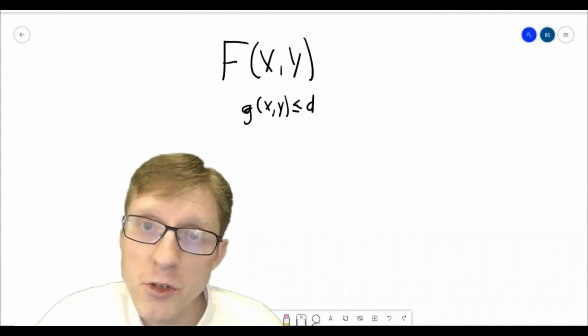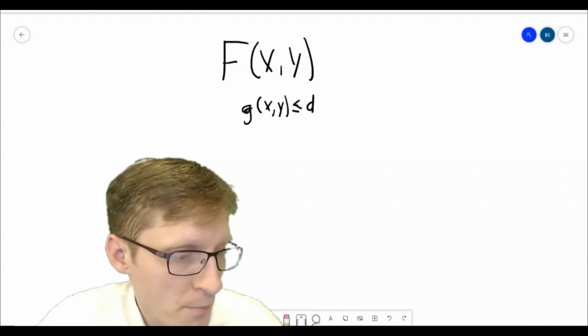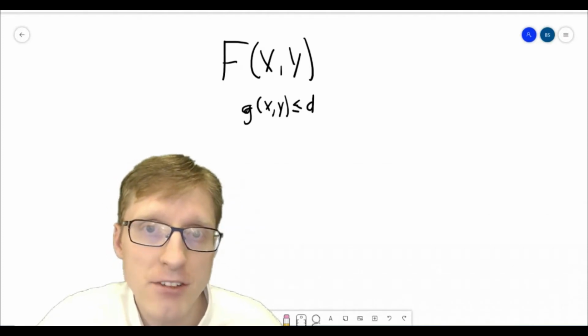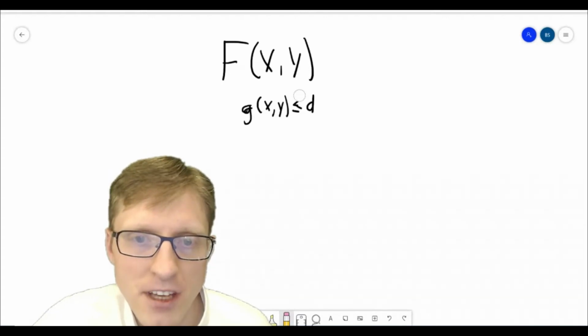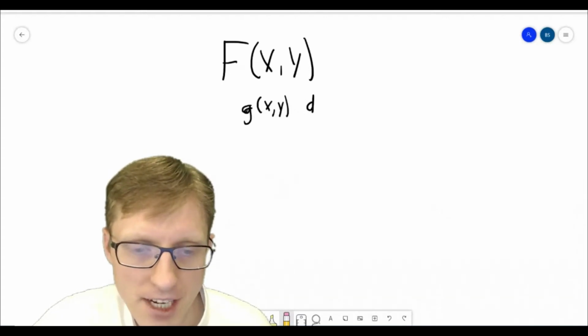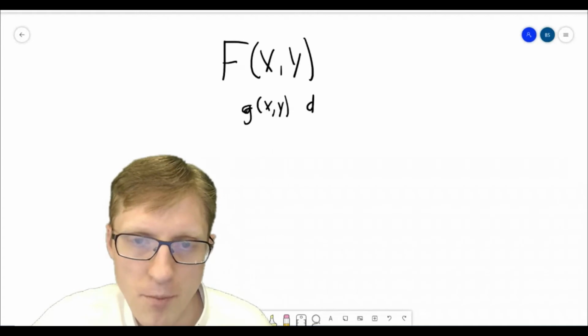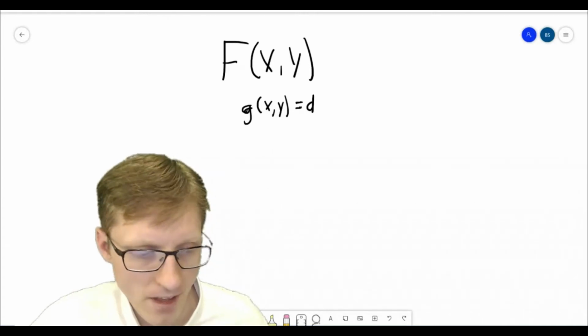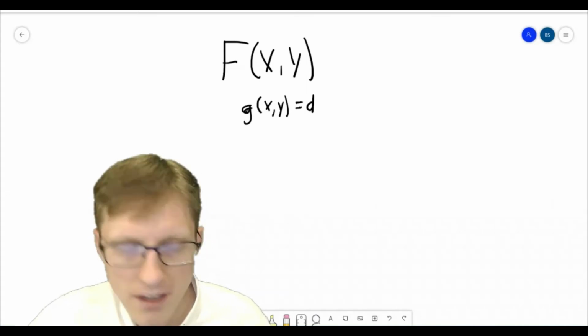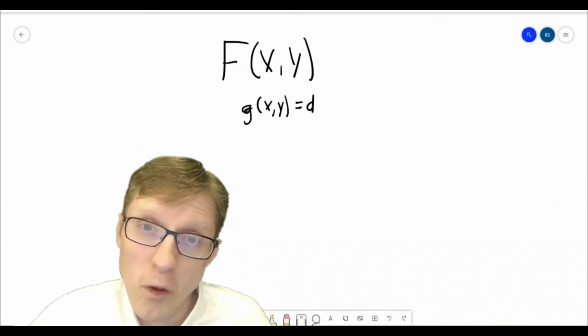We're going to assume, for simplifying purposes, that the constraint is always exactly satisfied, which implies that this less than or equal sign is actually going to be, in our problems, replaced with an equal sign. That's going to simplify things a little bit. In economic problems, that always seems to be the case.